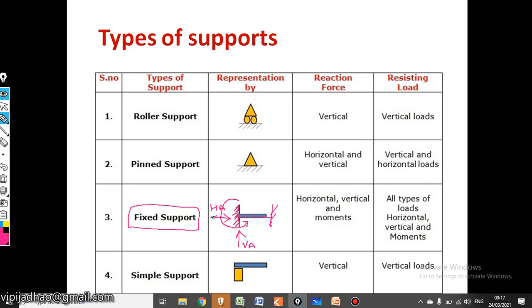So three reactions will be there in case of fixed support, whereas if you have a simple support, then there will be only one vertical reaction only. I'll show pictures of these types of supports.